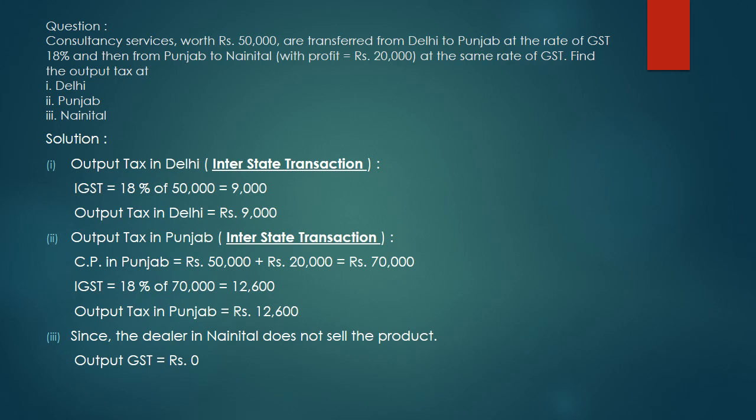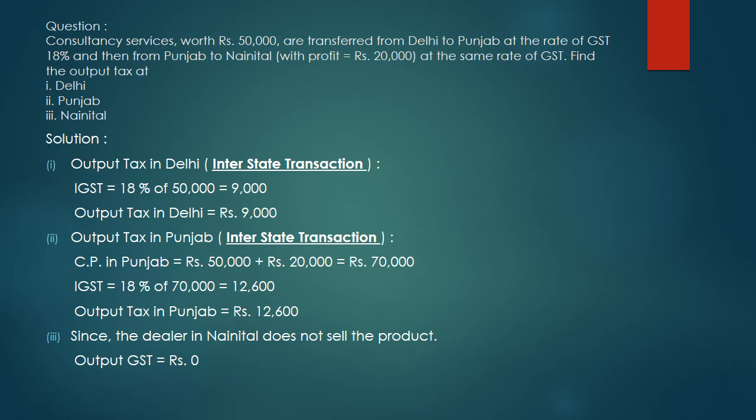So total cost price will be equal to 50,000 plus 20,000, that is 70,000 rupees. So now IGST will be calculated on 70,000 rupees.